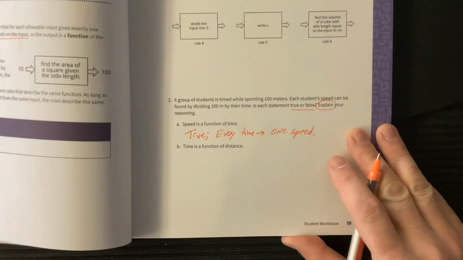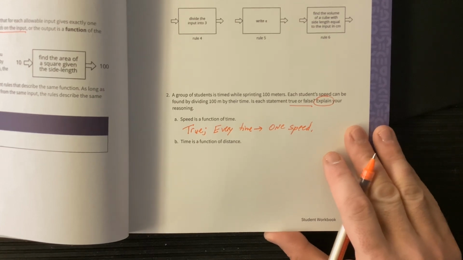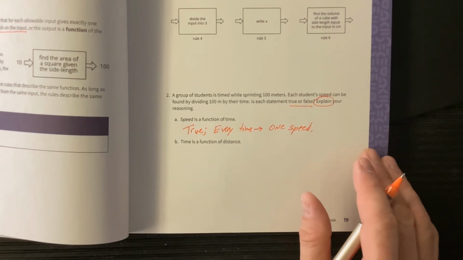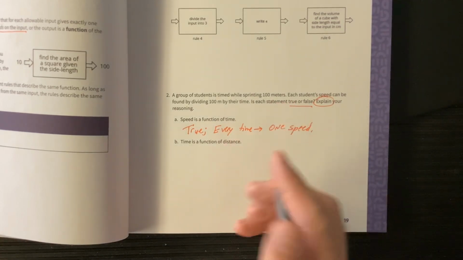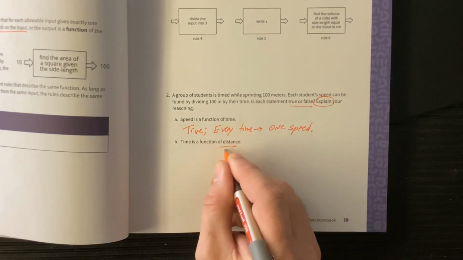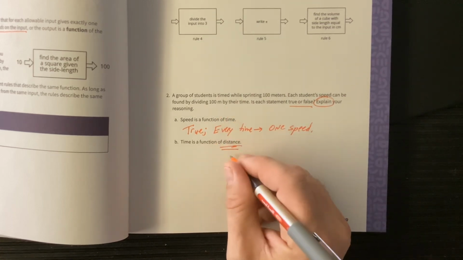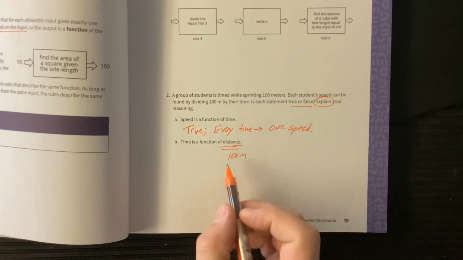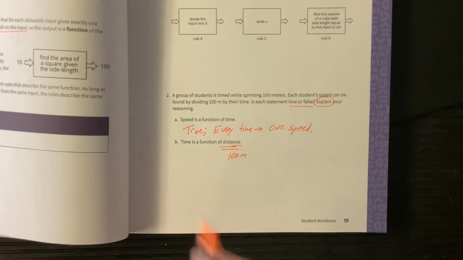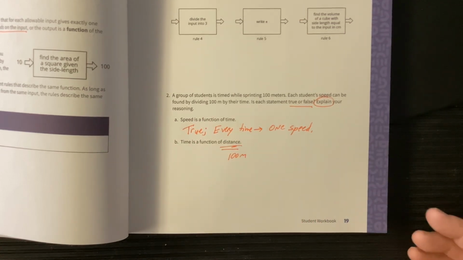Time is a function of distance. Okay, so if this is true, that means for every distance, in this case it's 100 meters, there will only be 1 time. If I am timing all these students, and they're all running the same distance, is there only going to be 1 time? That means everybody would finish at the exact same time?